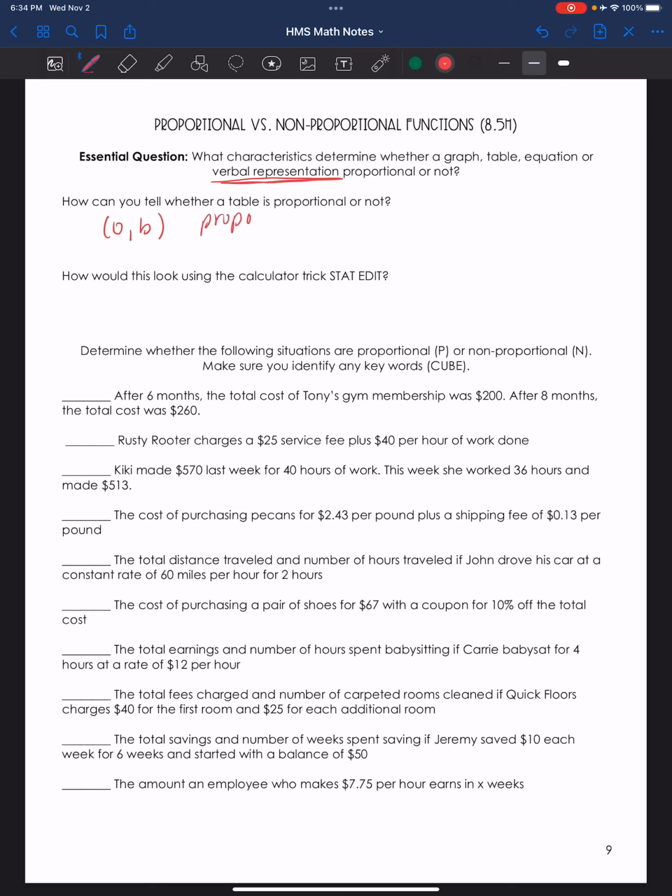Proportional includes the origin, which is 0, 0. Non-proportional includes 0, comma, b, the additive.